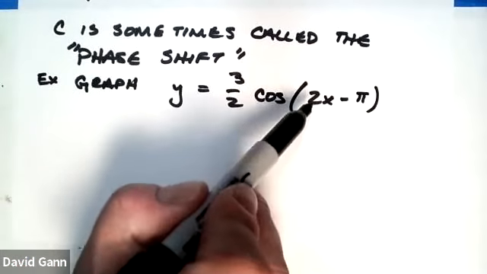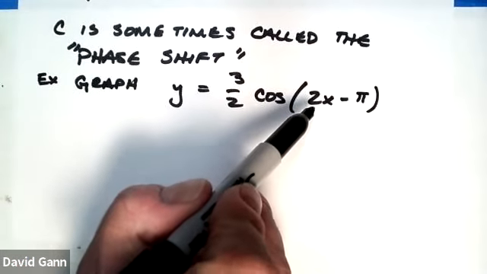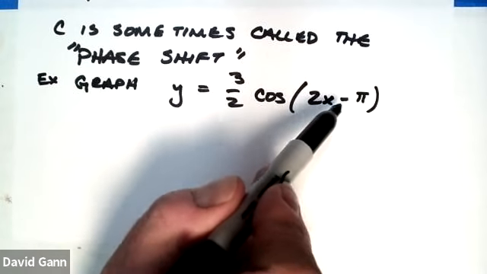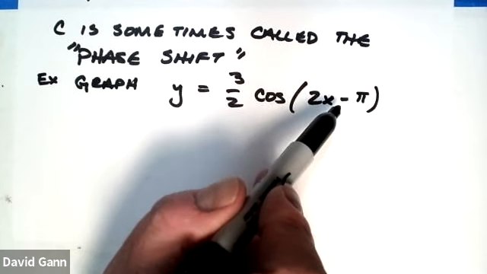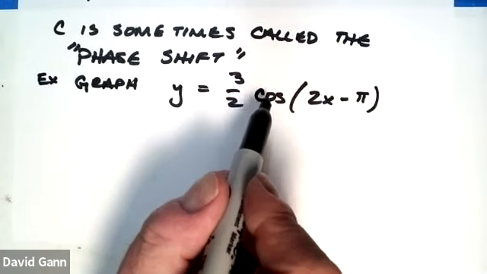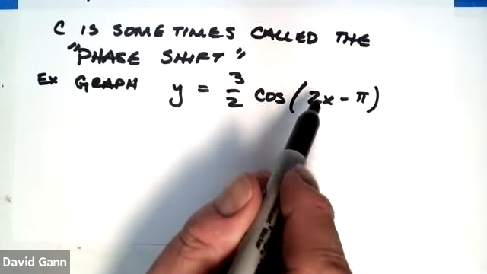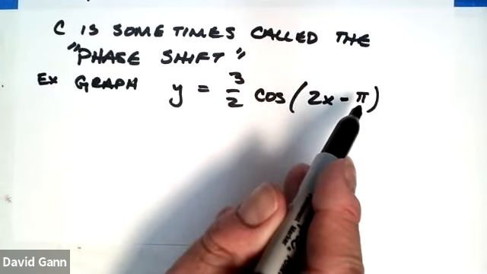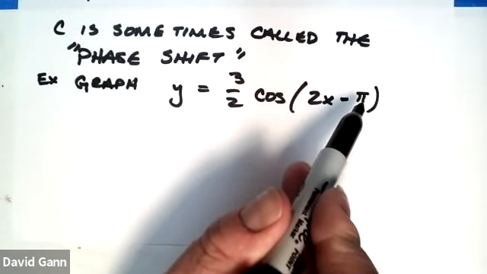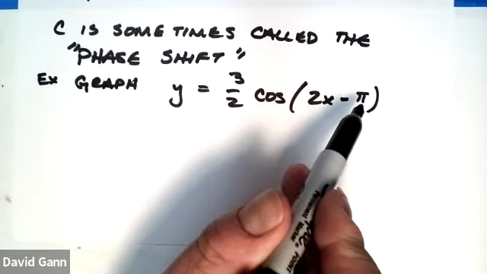Anytime there's a b value that is not equal to 1, the textbook always does this to you, where it doesn't actually factor this out. Remember, the equation we had was y equals a times f of b times x minus c. So we have to factor out this 2, which means we actually have to factor it out of this pi as well.